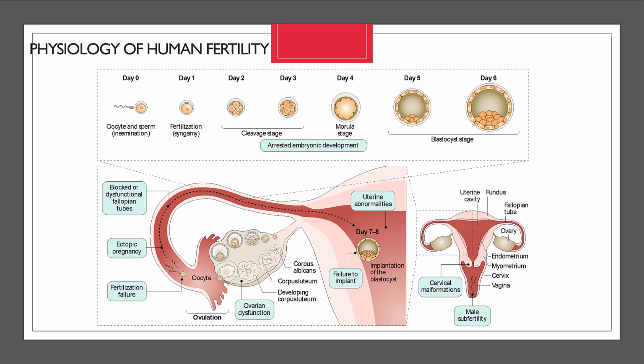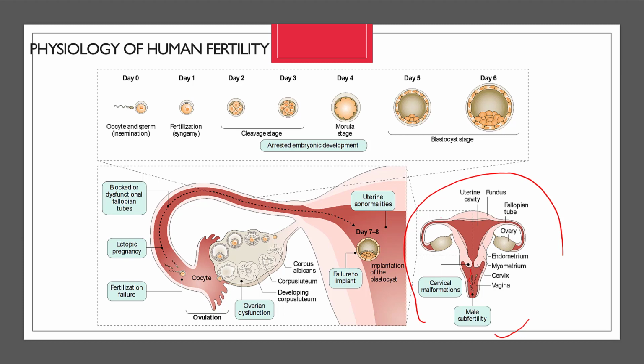Human fertility is mainly based on the ability to meet the sperm and the oocyte in the female reproductive tract. If we blow up the diagram, the male contributes only the sperm and deposits it in the vagina.